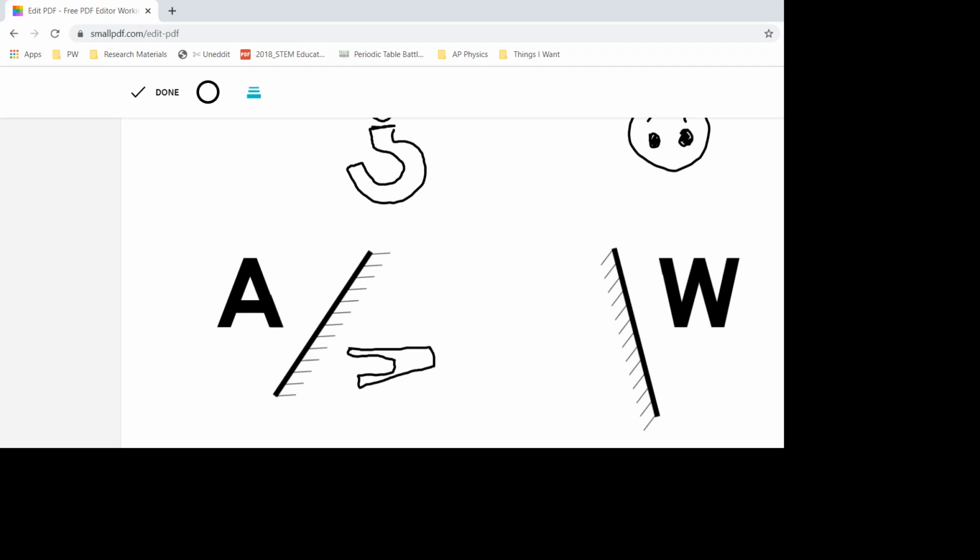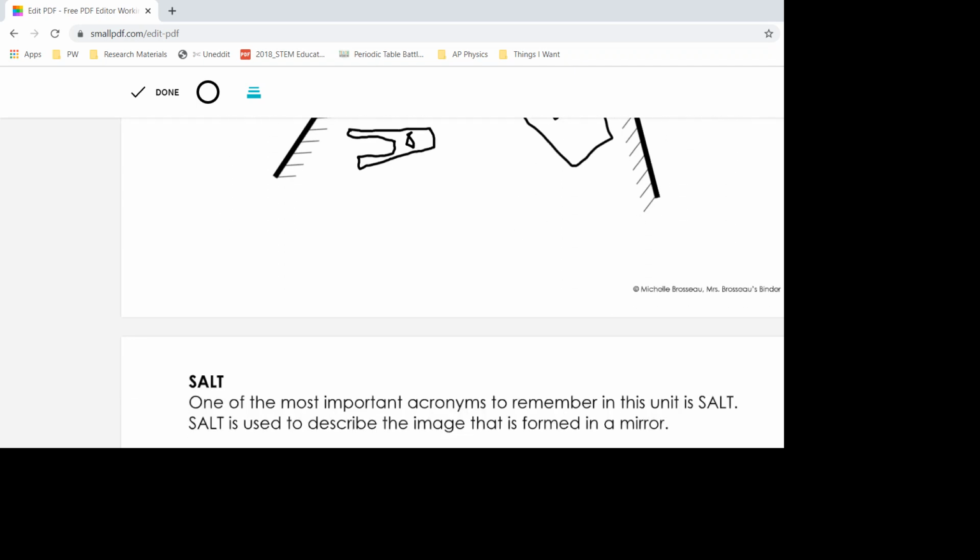Shouldn't be quite that tilted, but whatever. Well, that's bad. Again, it has to be perpendicular to the mirror, so it's not just going to be flipped over. Lord.